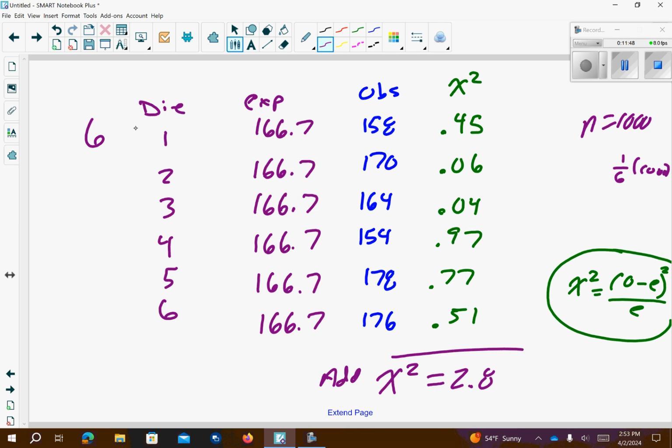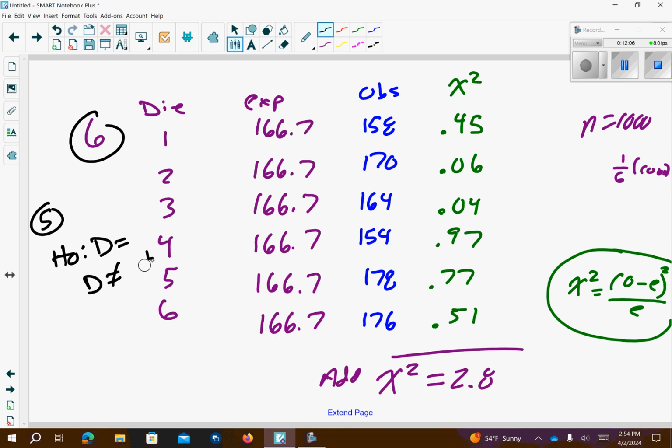Our null hypothesis, we didn't do that. So our null hypothesis, number 5, is our null is die equals expected outcomes, and then the alternative is the die is not equal to expected.